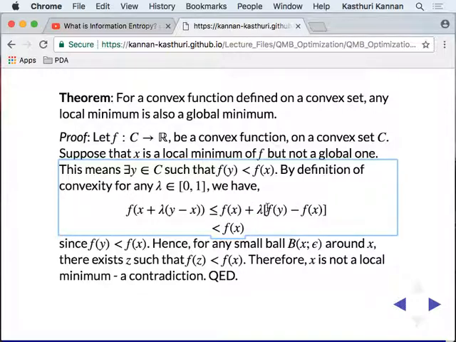But f of y by assumption is less than f of x, so this value is going to be less than f of x, because this is f of x, this is a negative number. So there is a small ball around x such that f of z is less than f of x. Therefore, x is not a local minimum. This is a contradiction, a proof by contradiction.